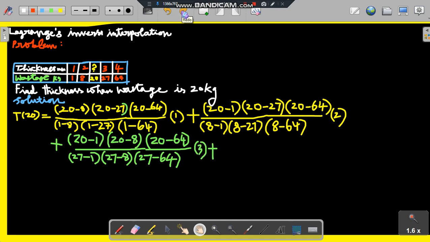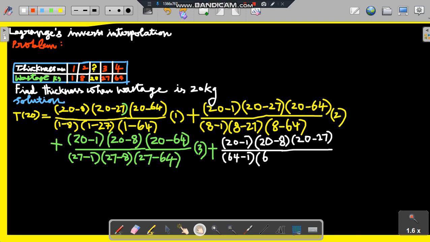The same way for the last one, you leave the 64. You will have 20 minus 1, 20 minus 8, 20 minus 27 in the numerator, divided by 64 minus 1, 64 minus 8, 64 minus 27 in the denominator, multiplied by the last number, 4.